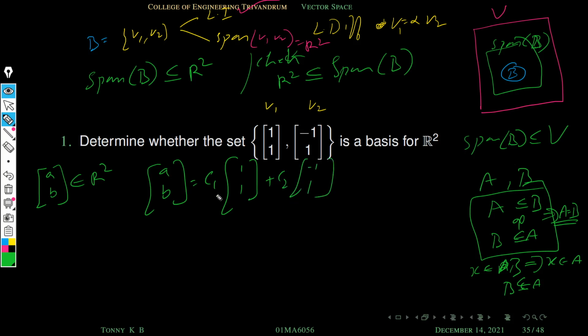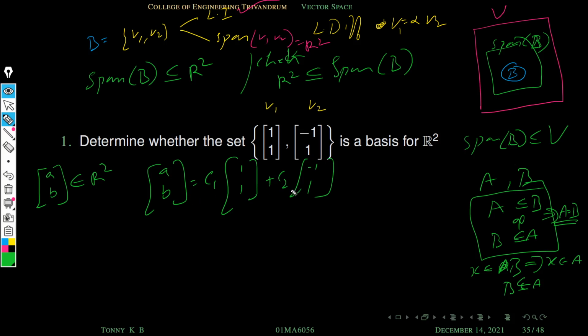Suppose there exist such scalars, then you can say that (a, b) belongs to span of B. Then how to check whether such scalars exist? That is easy. Now we have a system of two equations. If the system of equations is consistent or solvable, that means there exist c1 and c2. That means it is possible.